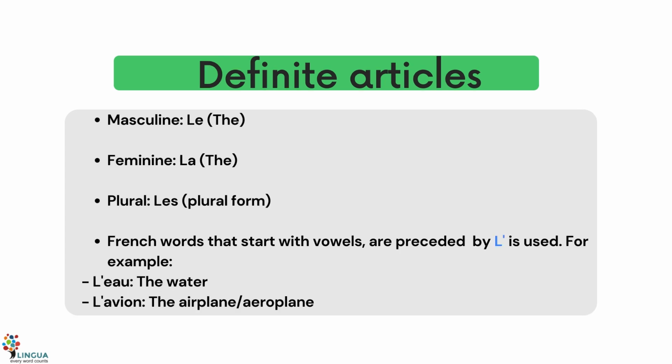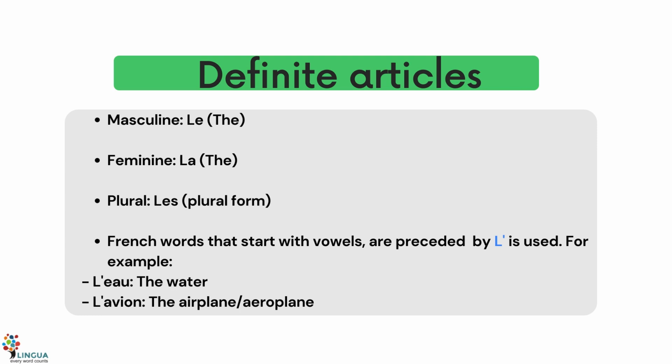And then we've got definite articles. These are more specific, hence the word definite. So for masculine, the would be pronounced as le, and feminine is pronounced as la, and the plural form of that is les. Now you have some words in French that start with a vowel.